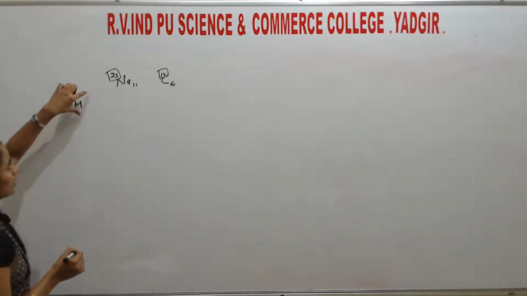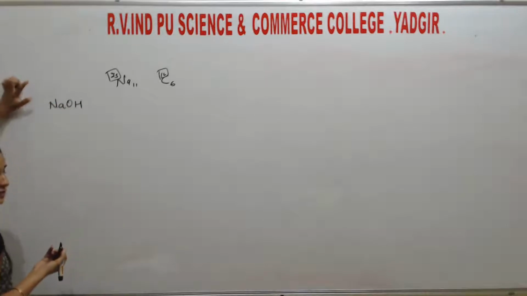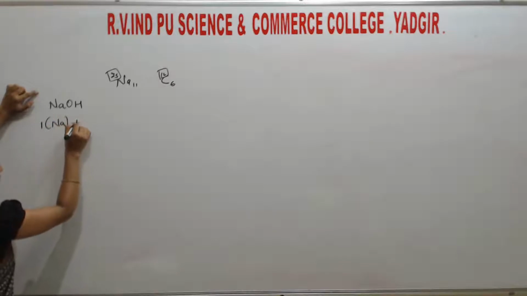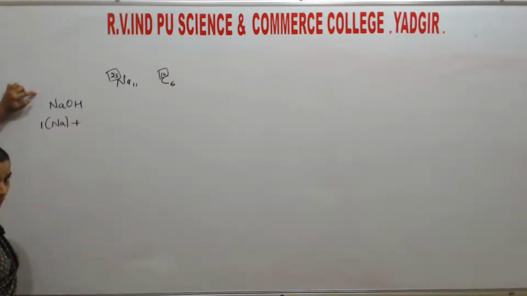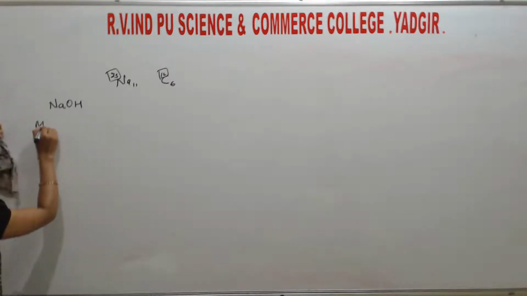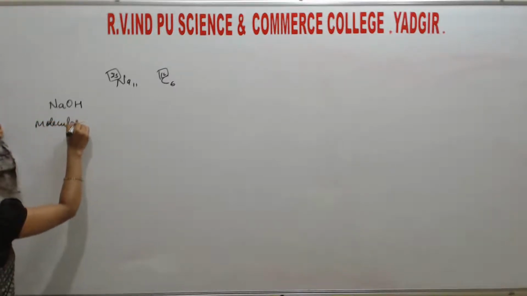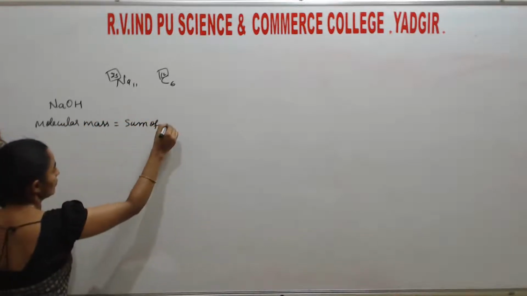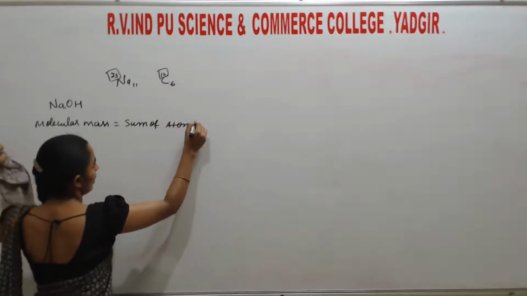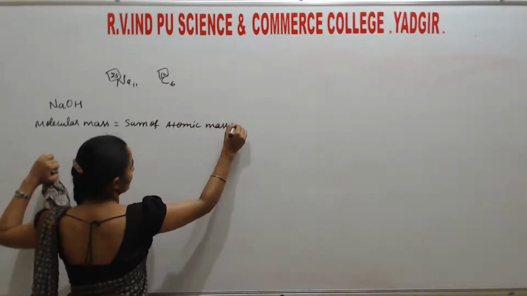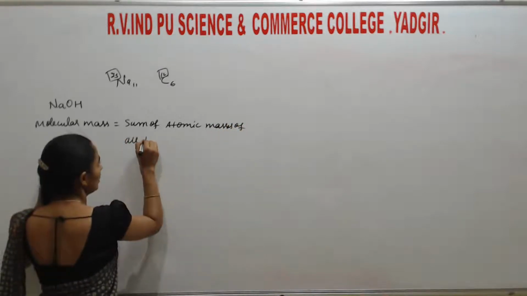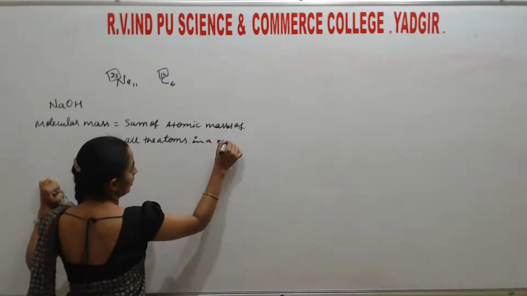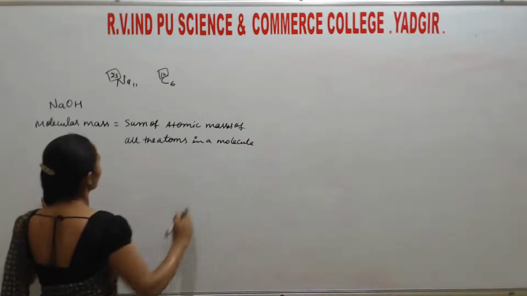Sodium, oxygen and hydrogen are there. The sum of all the atomic masses of the atoms present in a molecule gives the molecular mass. So here molecular mass is equal to the sum of atomic masses of all the atoms in a molecule or a compound, whatever it is.